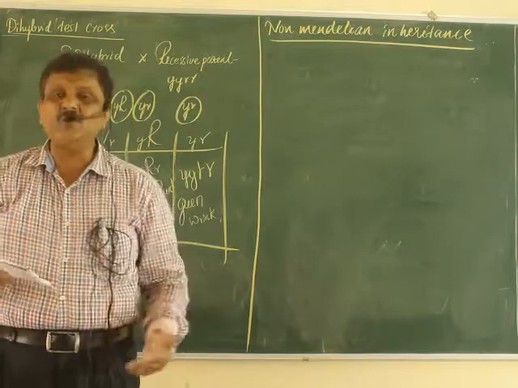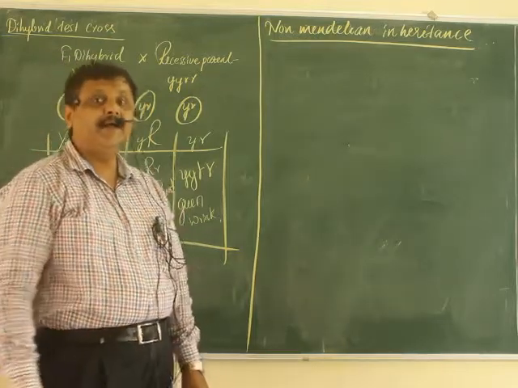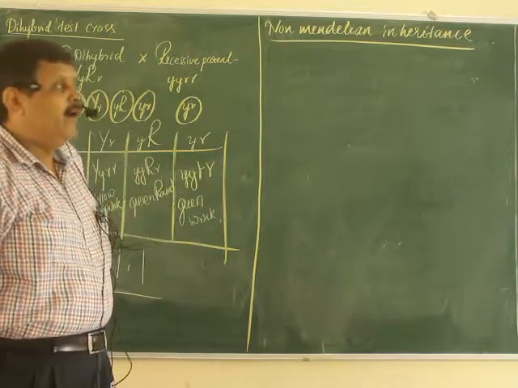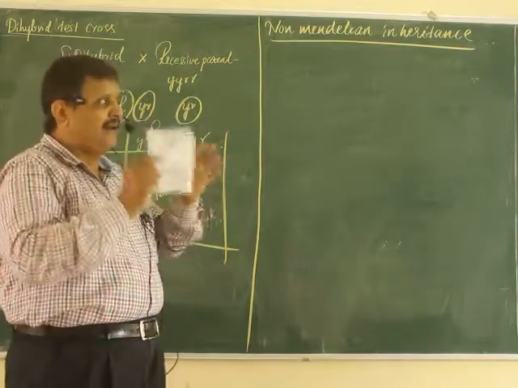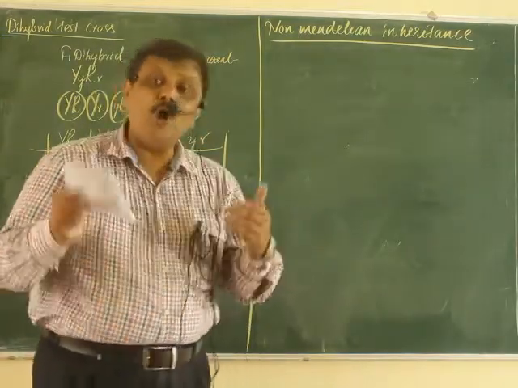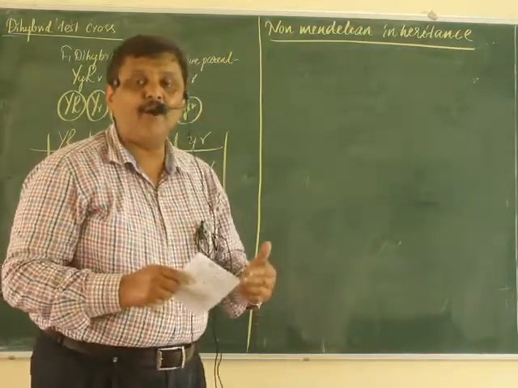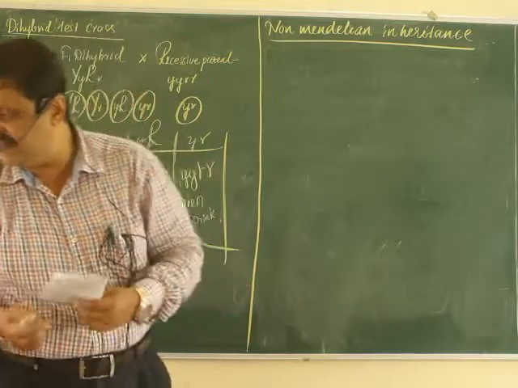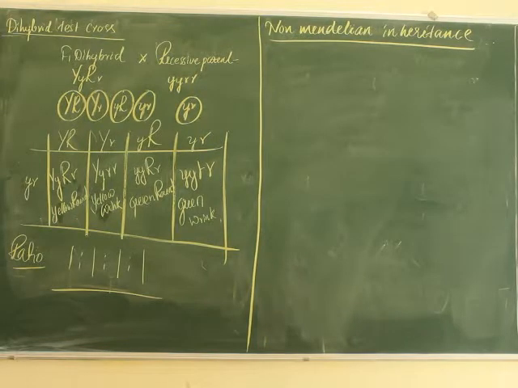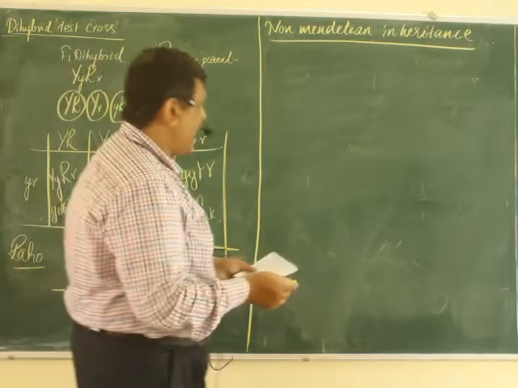They didn't get the same type of ratio. So they kept all the research which did not obey the Mendelian concept under a different heading, and they named it non-Mendelian inheritance.